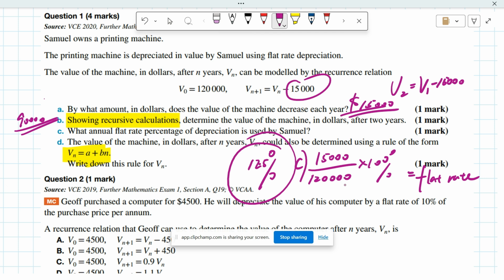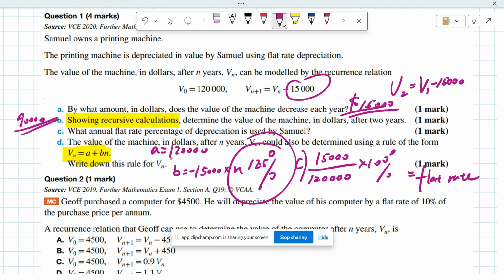So what we do is we use Vn equal to A plus Bn, where A is actually equal to $120,000, and B is minus $15,000, multiplied by n.